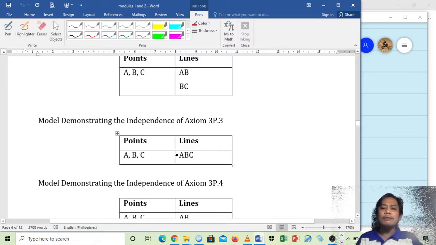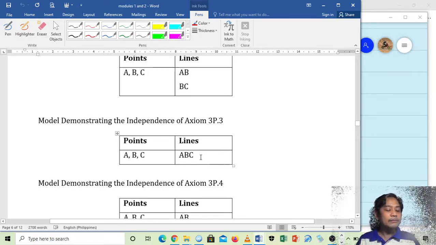We have only one line, meaning each pair, AB, AC, BC, is contained in one line, meaning the second axiom is satisfied. But the third axiom clearly is not satisfied because all points are on a single line.